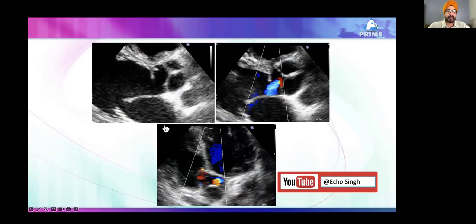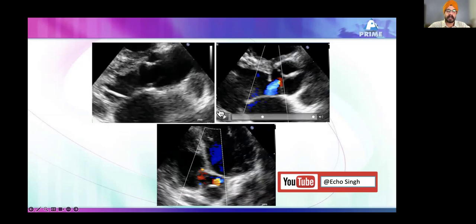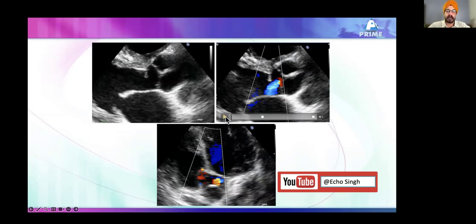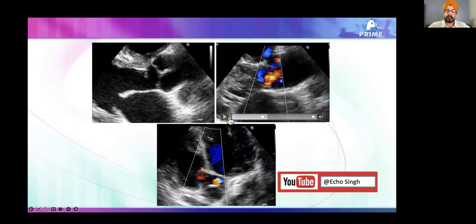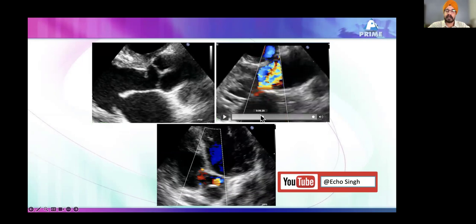Going back to the same case which I showed you before, this is the subaortic membrane. If you see here on the color Doppler, I want to show you where the PISA is happening. PISA is happening here. And what about aortic regurgitation?